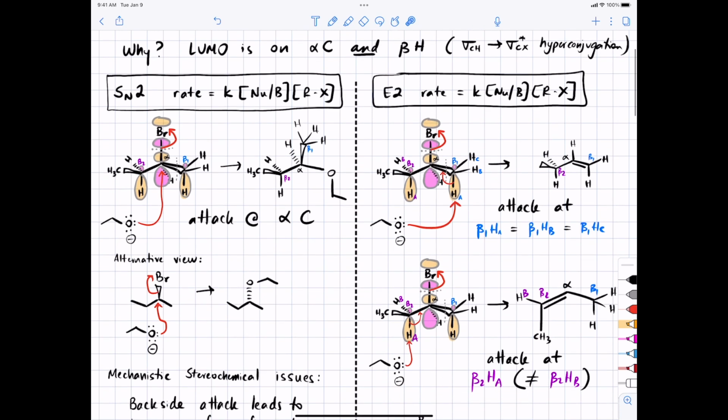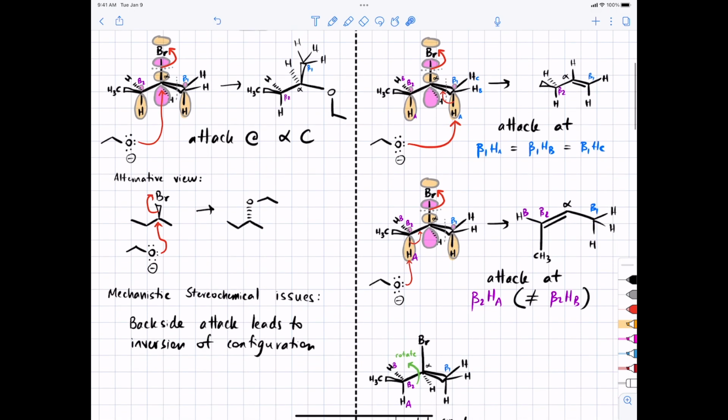The key mechanistic stereochemical issue here is that we have backside attack, because that's where the sigma star is. So if our leaving group is at a stereocenter when the nucleophile attacks, and the leaving group leaves, the nucleophile has to come in from the opposite side. Whereas the leaving group was up, now the nucleophile attached to the carbon is down.